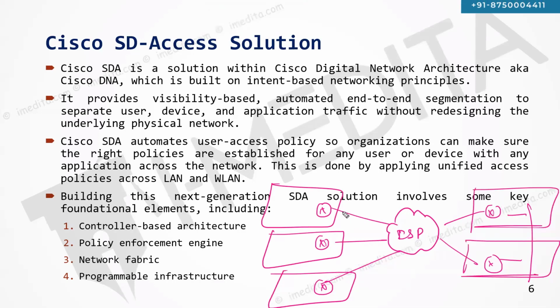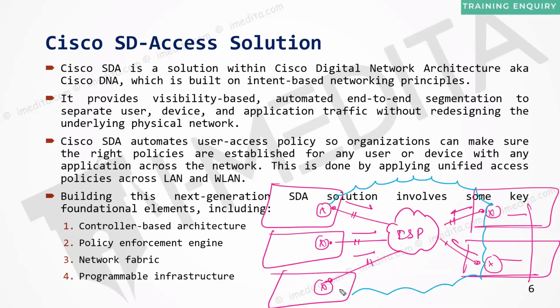We have configured IP addresses and default routes, so reachability is there between all the devices. This infrastructure is what we are going to refer to as the underlay.